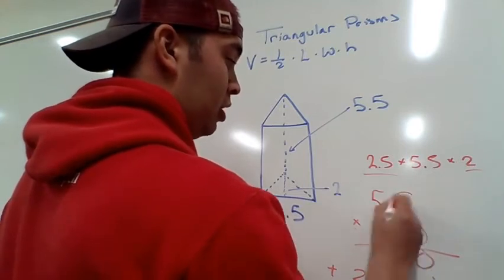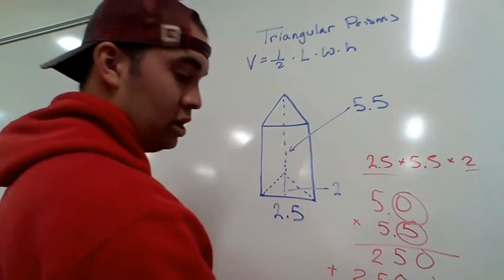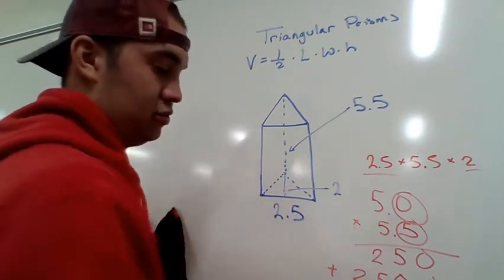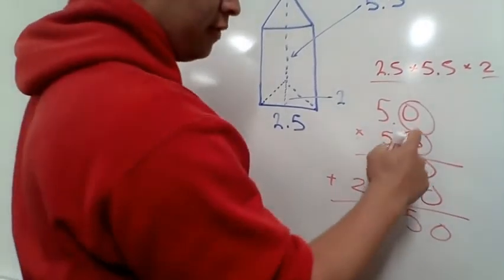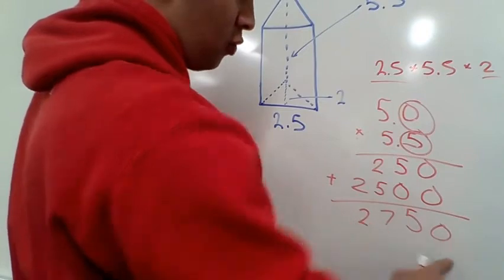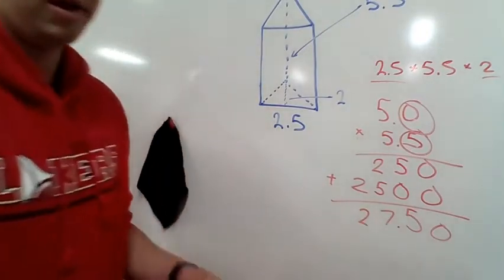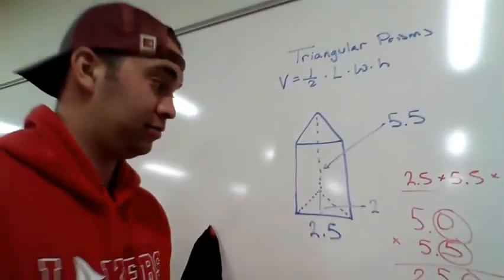Actually, my apologies, guys. Let me start over here. I have 2 decimal places, digits to the right of the decimal. So I go 1, 2. Our volume for this is 27.5.